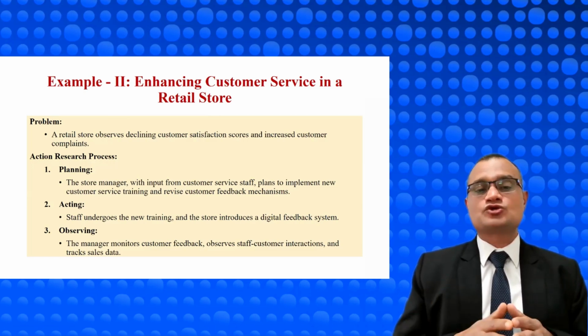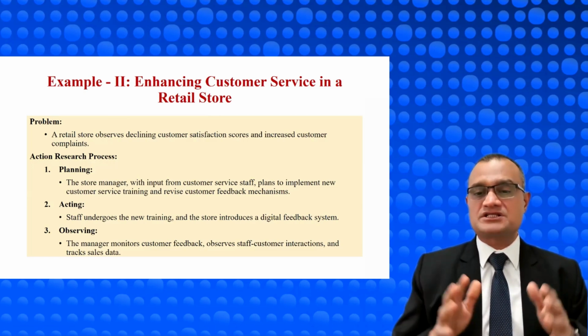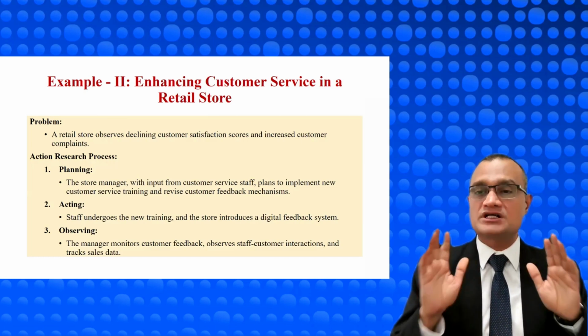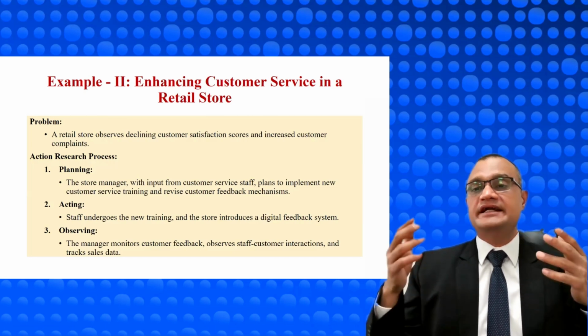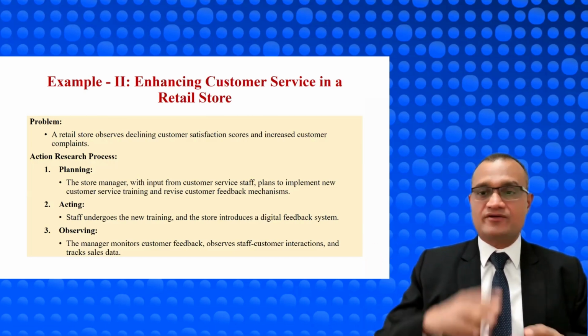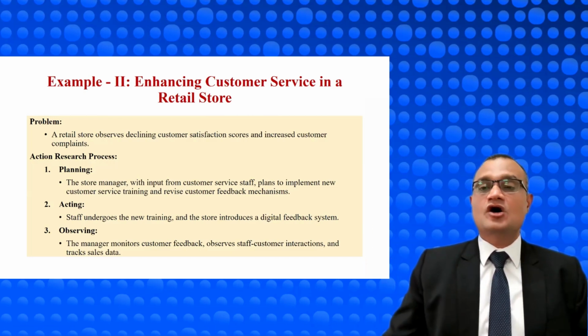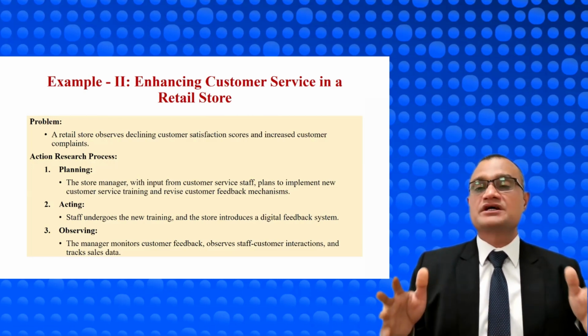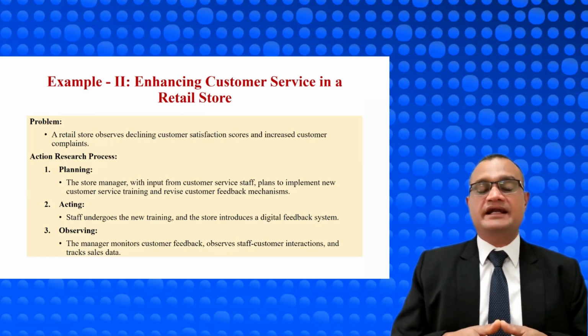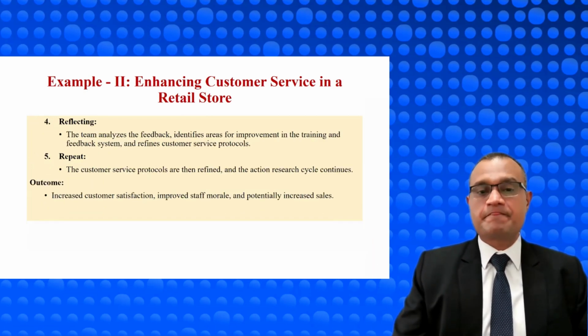Planning: the store manager, with input from the customer service staff, plans to implement new customer service training and revise the customer feedback mechanism. Acting: staff undergo the new training, and the store introduces a digital feedback system. They are trying to improve the technology. Observing: the manager monitors feedback, observes staff-customer interaction, and tracks the sales data.